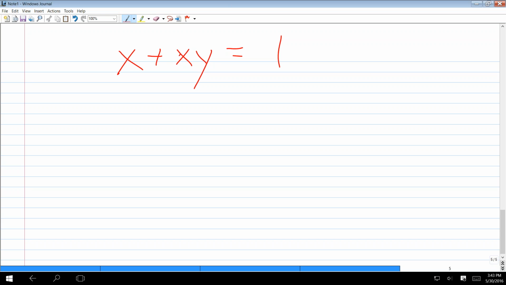What's the first step? Subtract the x. Okay, that's good. So xy equals 1 minus x. Divide by x. That's it. Very straightforward. That's what y is equal to. Now we'll make it a little harder. Solve that equation for x.